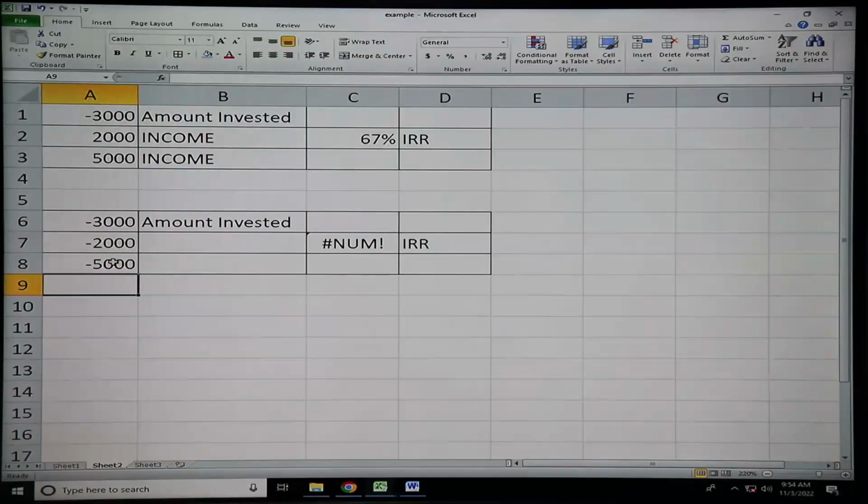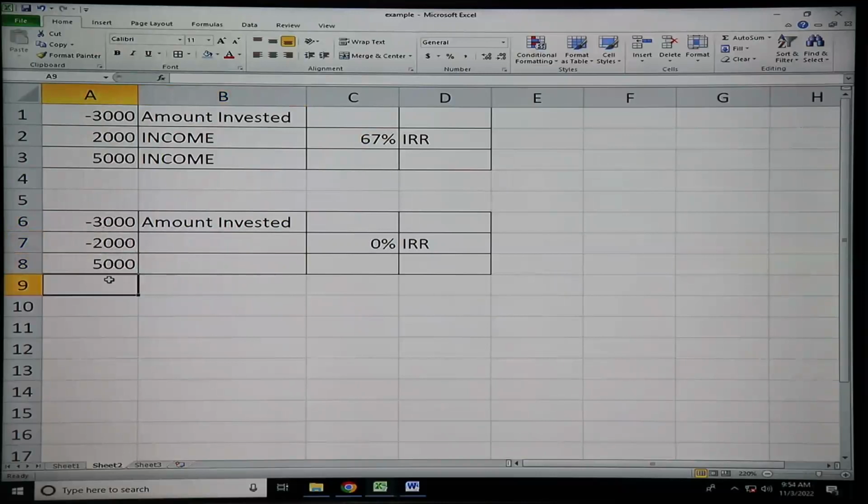At least there have to be some positive values showing income and some negative values showing payments. We had this amount invested, which was actually a payment, and this was an income.